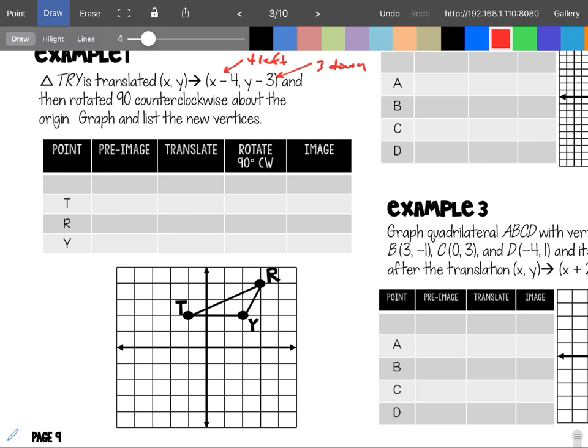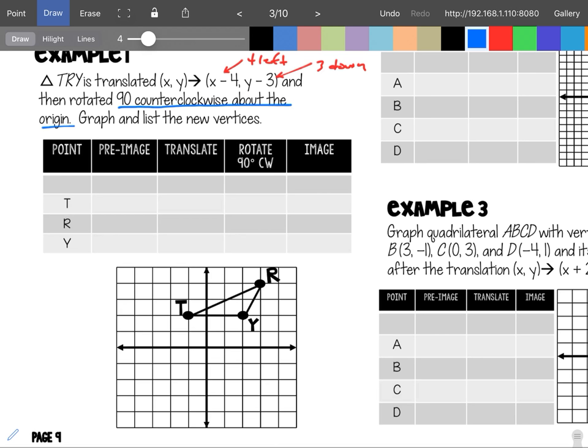Now we got to remember, we need the rule for this thing, 90 degrees counterclockwise about the origin. Now, was that the last one that we just did, or the first one that we did on the other page? So you got to flip back to your page on rotations.